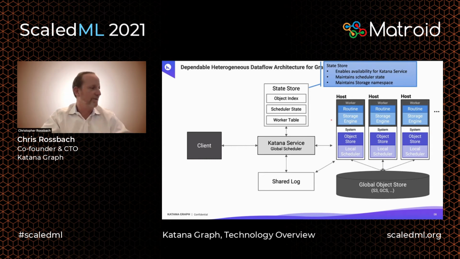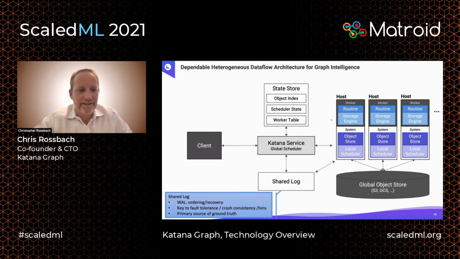The final component I want to call out is the shared log, which is a write-ahead log that provides an ordering and recovery service. It is also the foundation of all our fault tolerance, crash consistency guarantees, as well as the fundamental building block for ACID transactions. Ultimately, the shared log is the source of ground truth.